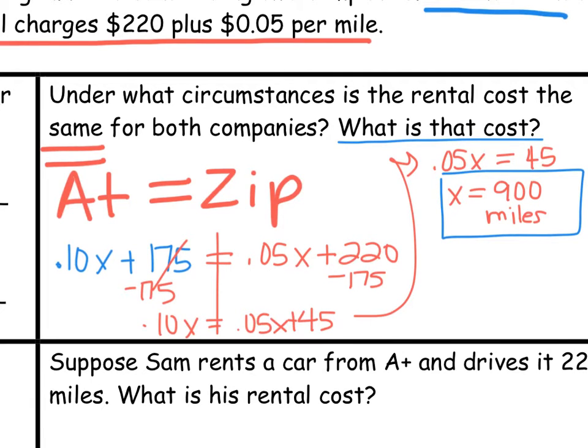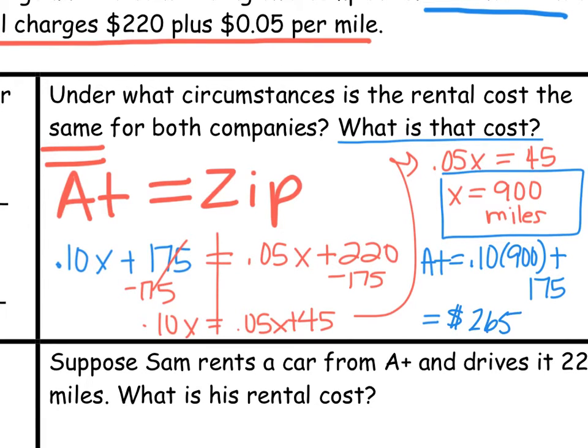So I'm going to take 900 and plug it into A+'s equation. So it's 10 cents times 900 miles plus the fee, which is $175, and the cost is $265.